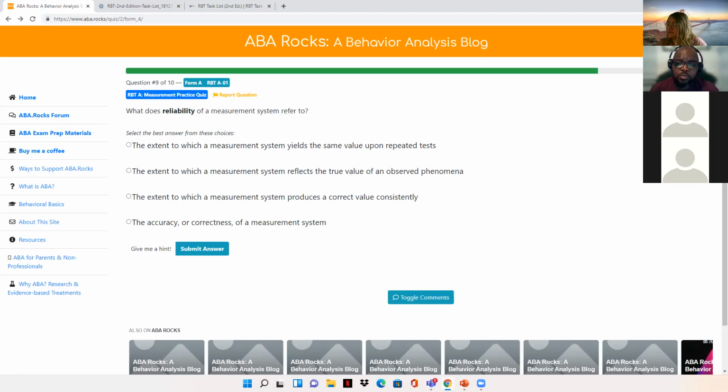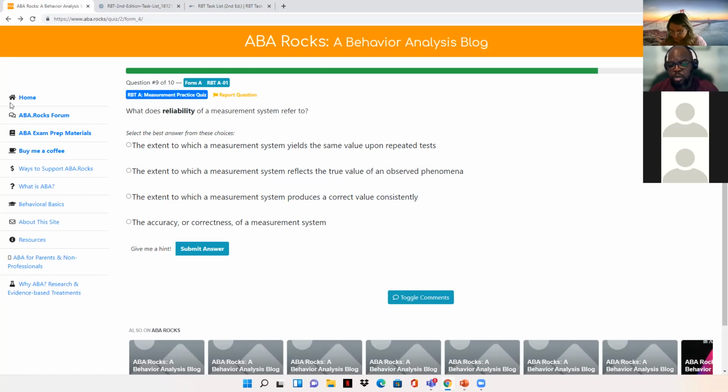I'm stuck between C and D. I'm looking at both closely. It's one or the other. Well, reliability, I'm leaning more towards... The way I look at it is like you give me a phone number and I ask, is this phone number reliable? Can I really call this number and get the person on the other side, the person I really want to get?